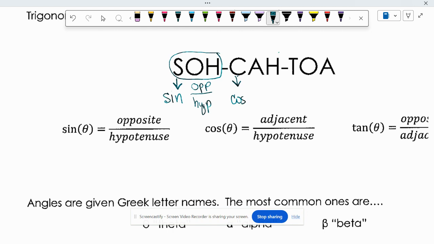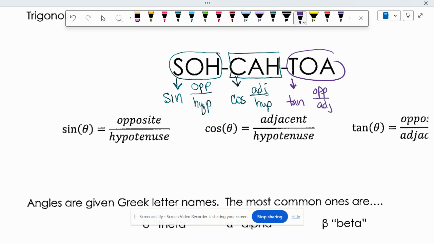So the cosine function, CAH, is the adjacent, that's the side that's next to it, over the hypotenuse. And the last trig function that we use is the tangent. So that T stands for the tangent, TOA, T-O-A, opposite over adjacent.